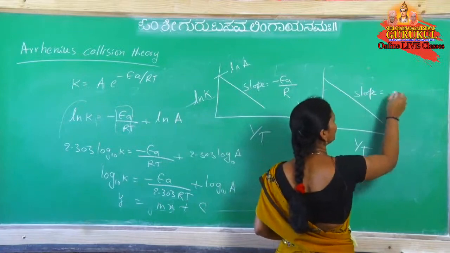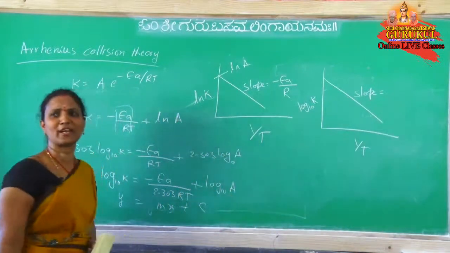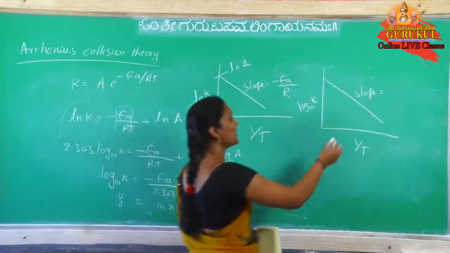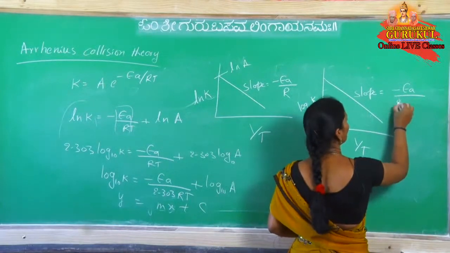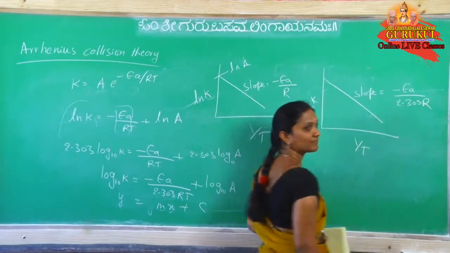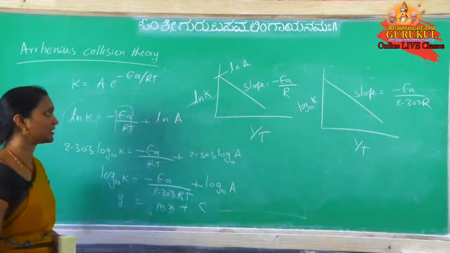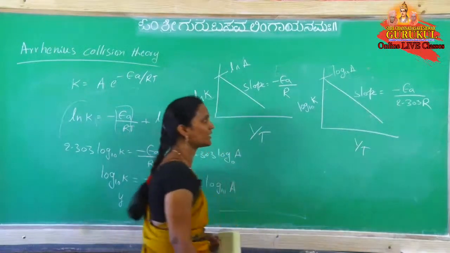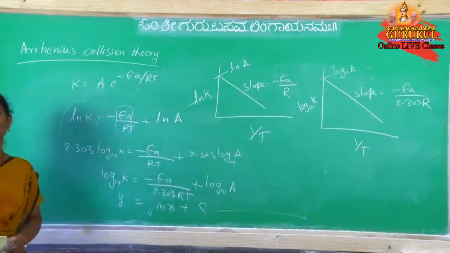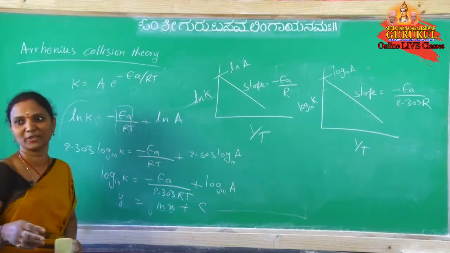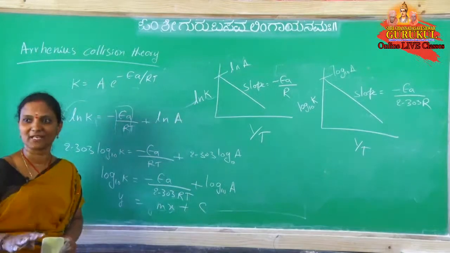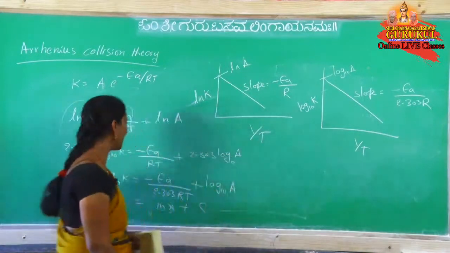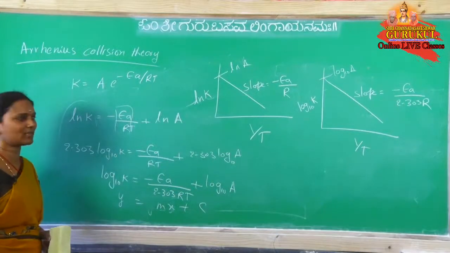Slope is equal to minus Ea by 2.303 R, and intercept is equal to log A. So with log K, slope is minus Ea by 2.303 R. In options you may see Ea by R or Ea by 2.303 R, or minus and plus, but it is the negative slope. Here with ln K, and here we are using log K. Now log K2 by K1 is given like that.